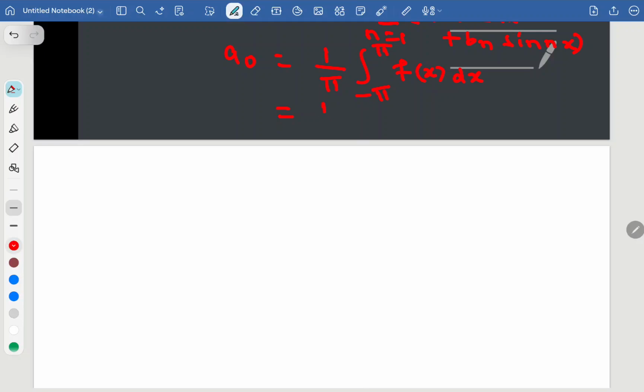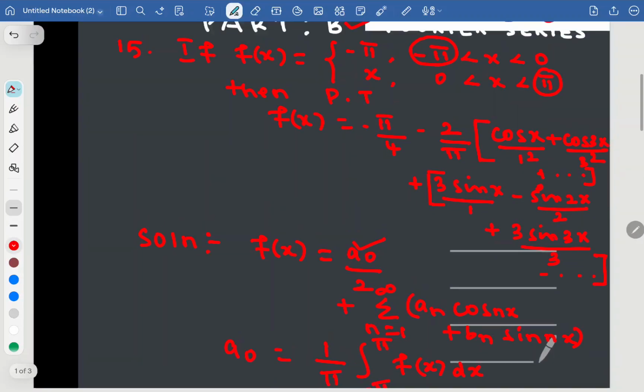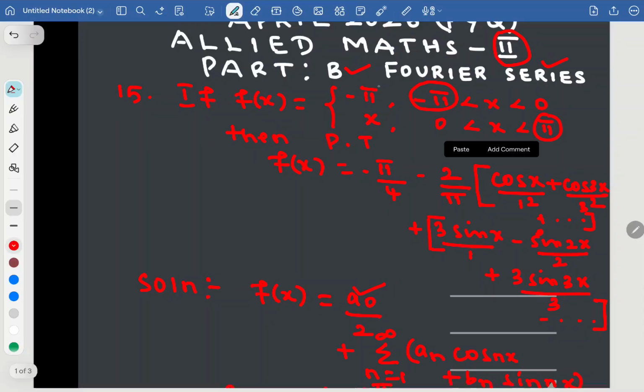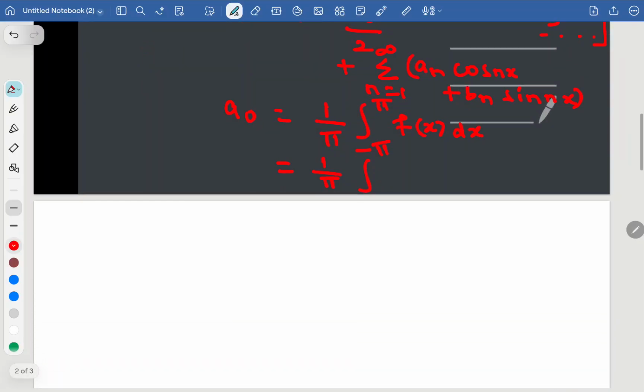Which is equal to 1 by pi. Here we have two values for f(x): minus pi in the interval minus pi less than x less than 0, and x for 0 less than x less than pi. Therefore, I am going to write this integral from minus pi to pi as integral minus pi to 0 plus integral 0 to pi of f(x) dx.